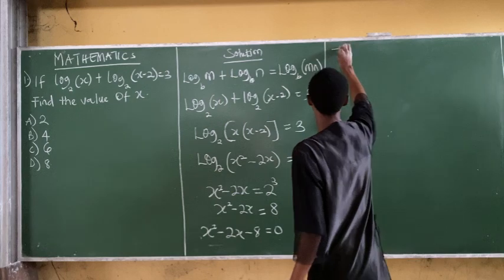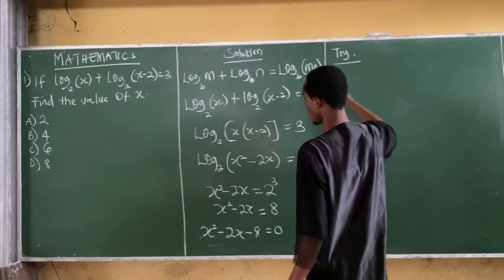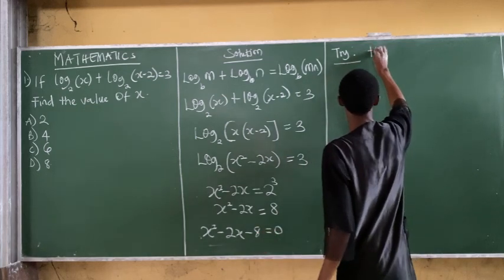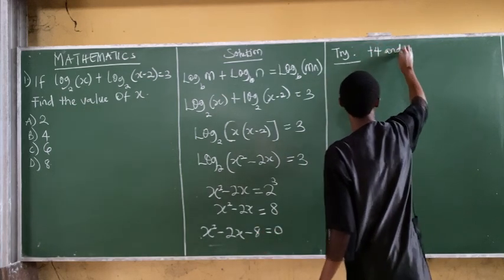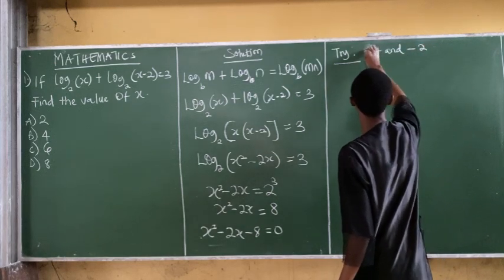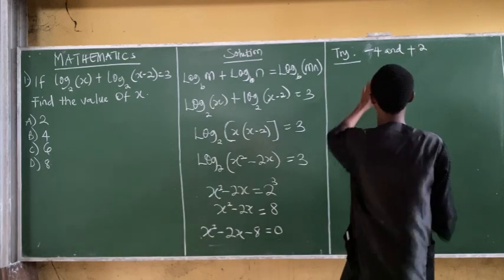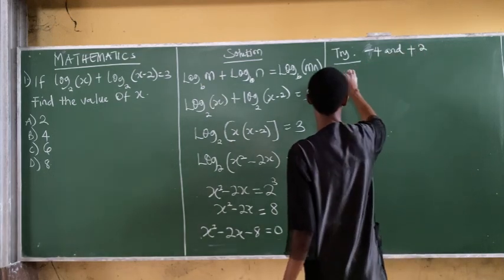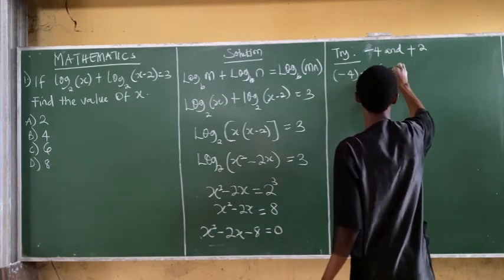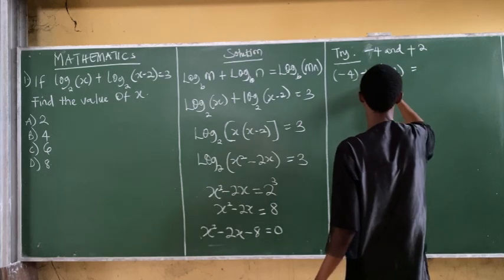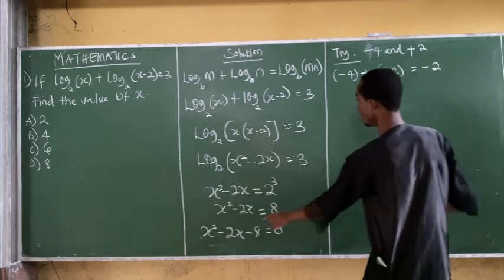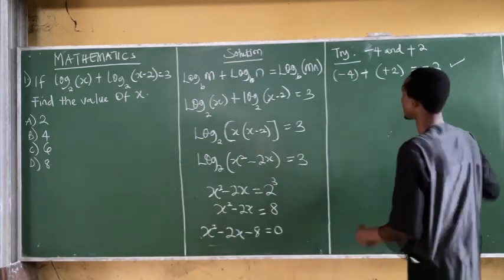Let's try minus 4 and plus 2. If we add these two numbers together, minus 4 plus 2 gives us minus 2, which is the middle number. So this satisfies the first condition.